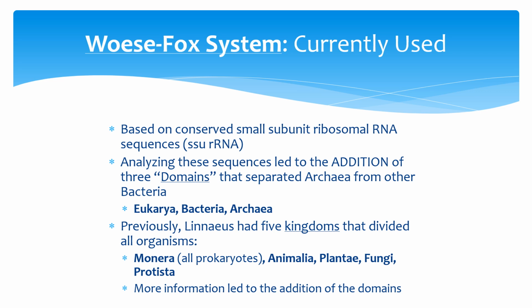So we have eukarya, bacteria, and archaea. They are no longer together. Previously, Linnaeus had 5 kingdoms that divided all organisms, but upon further information, that led to the addition of those 3 domains. So we just have an updated format, and that is the Woese-Fox system.